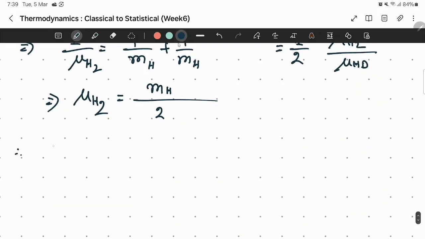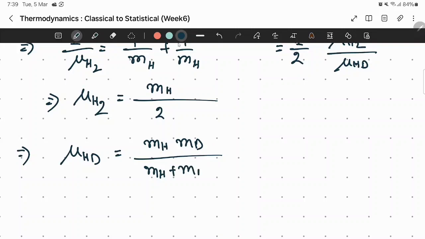And for HD it will be MH MD divided by MH plus MD. In general, for a diatomic molecule, mu is m1 m2 divided by m1 plus m2.